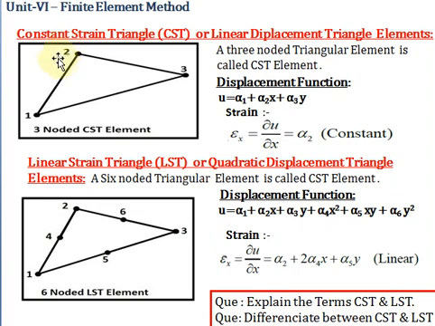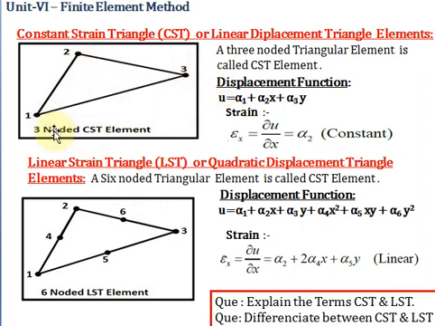Now many times in the exam the question is asked: explain the terms CST and LST. The second question they ask is to write the difference between CST and LST element. So when we are writing the difference between CST and LST, the first thing is to draw the figure.